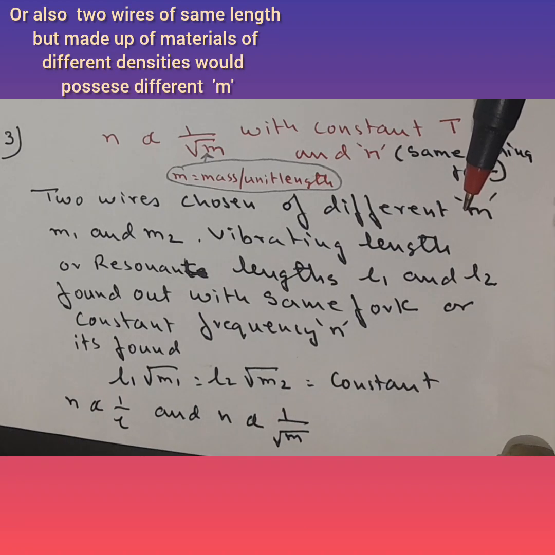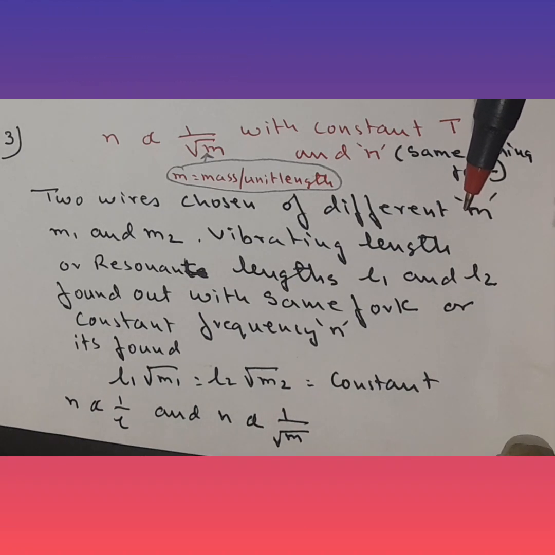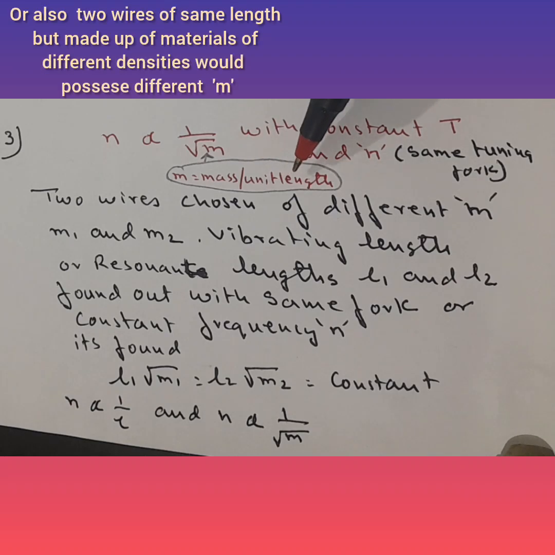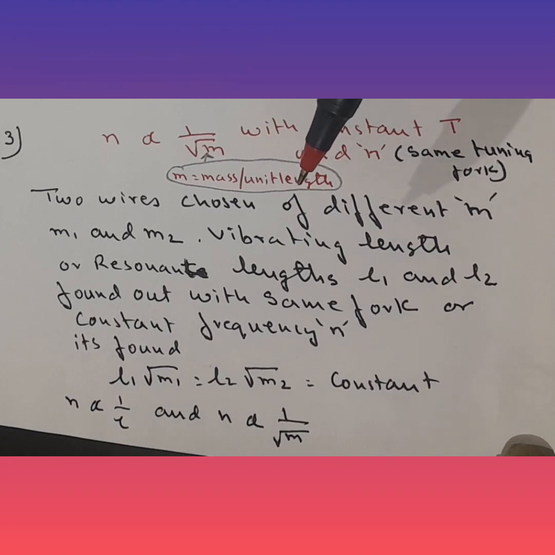And if these wires weigh differently, that itself means their mass per unit length is different. So you can just visualize a 1 meter wire with a smaller radius and a 1 meter wire with a thicker radius, just to make you understand how mass per unit length can be different.